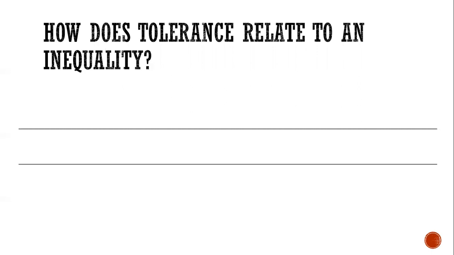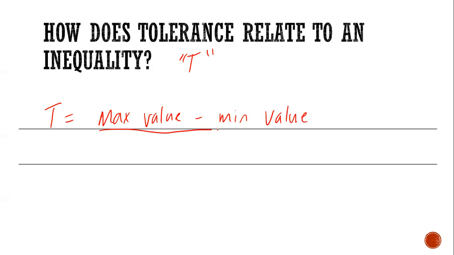So for us, to calculate tolerance, we're going to call it T for tolerance. Your tolerance equals your max value minus your min value divided by 2. So that's our tolerance.